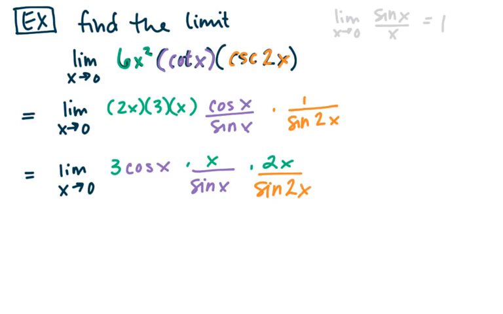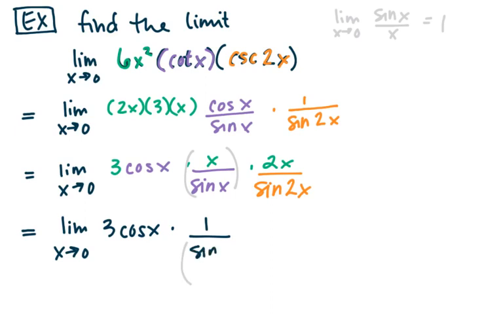All right, and I'm going to use my reciprocal property one more time here. So I've got the limit as x goes to 0 of 3 cosine x times 1 over, I'll take the reciprocal of this, and that reciprocal is going to be sine x over x, times 1 over, and again I'll take the reciprocal of this last piece, that would be sine 2x over 2x.